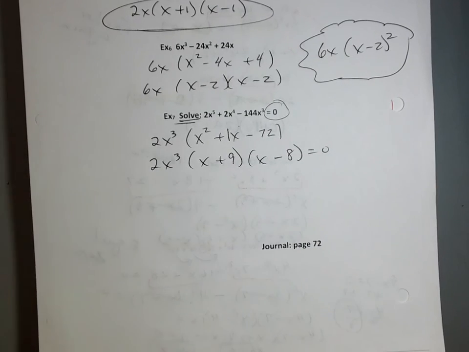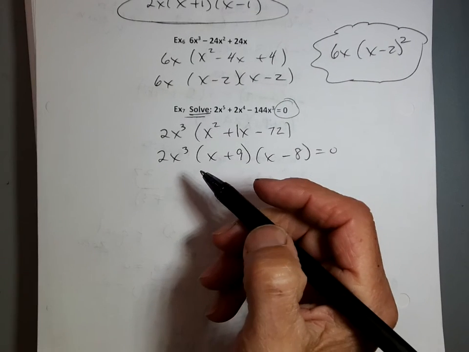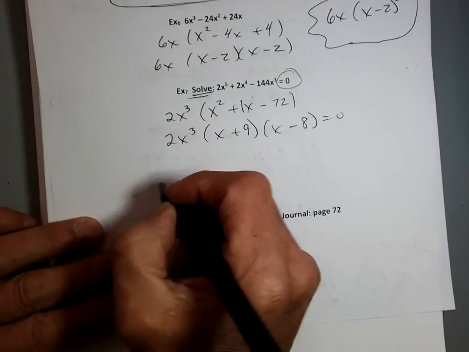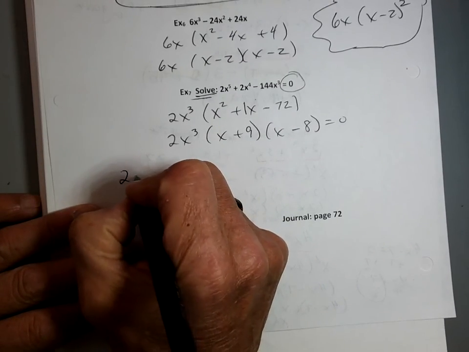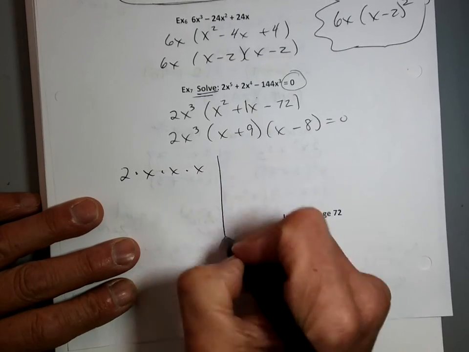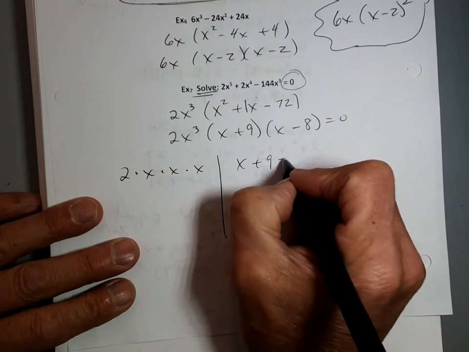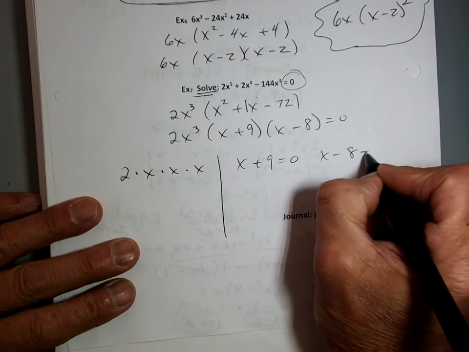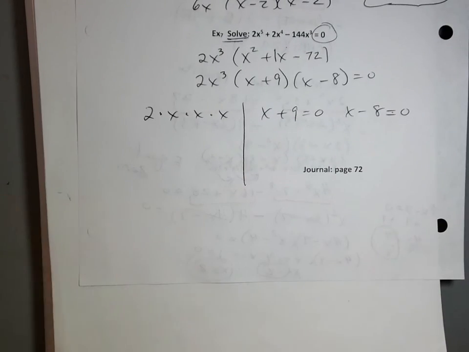Okay, so I've got many equations, okay? Now, I told you technically there are 5 answers, right? I don't expect you to do this, but I want to show all 5. Technically, this is 2 times x times x times x, and then x plus 9 equals 0, and x minus 8 equals 0, okay? Now, this is something we're going to learn in Algebra 2.